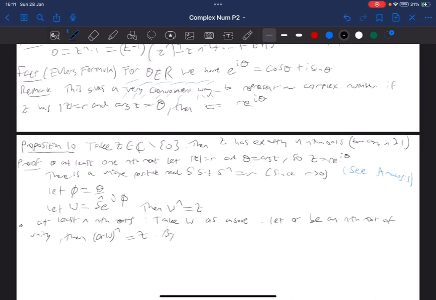And of course, by corollary 8, there are n such alpha, giving at least n distinct nth roots of z.